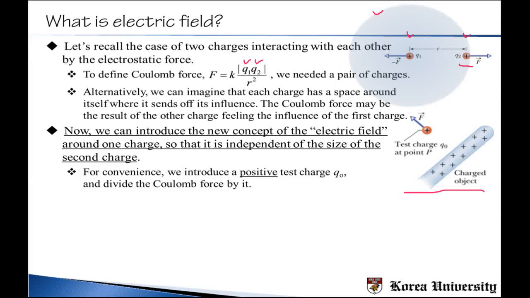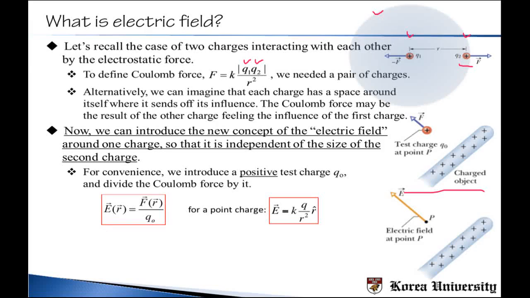But now what we want to do is divide the Coulomb force by the test charge. So the equation becomes just like this. If you divide the Coulomb force, which is F vector, by this test charge Q0, that's what you get. This is the electric field. This is how we define the electric field.